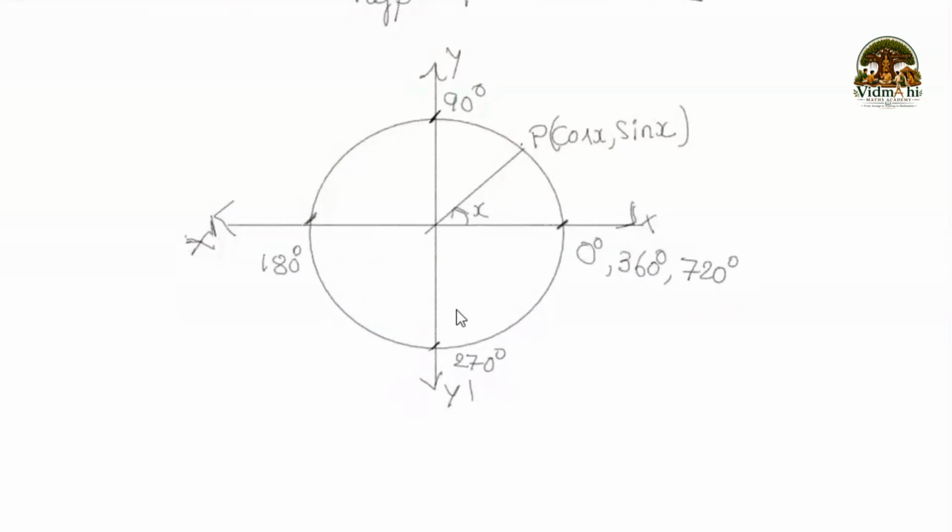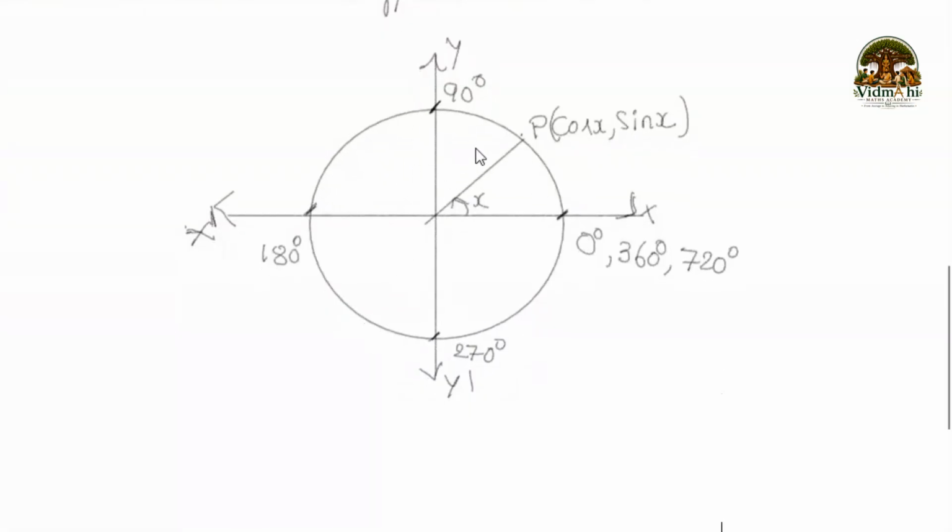Okay, next. Suppose this terminal ray, that means OP ray, turns here. What are the coordinates of this point?